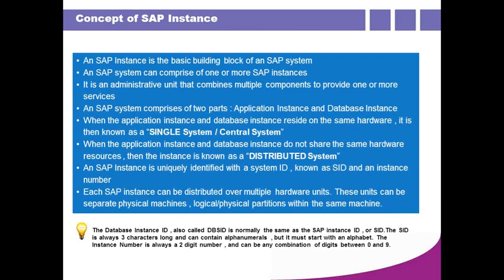That kind of setup is called single system or central system configuration, nothing but 1 tier configuration, or even 2 tier we can treat as single system or central system. But the three-tier configuration, what we have seen, has the presentation layer separate, the database separate, and SAP separate.